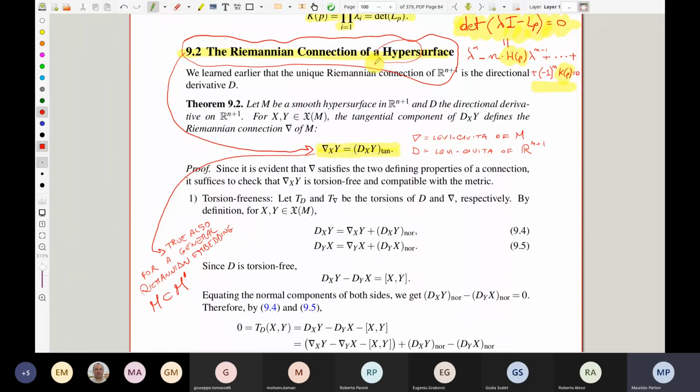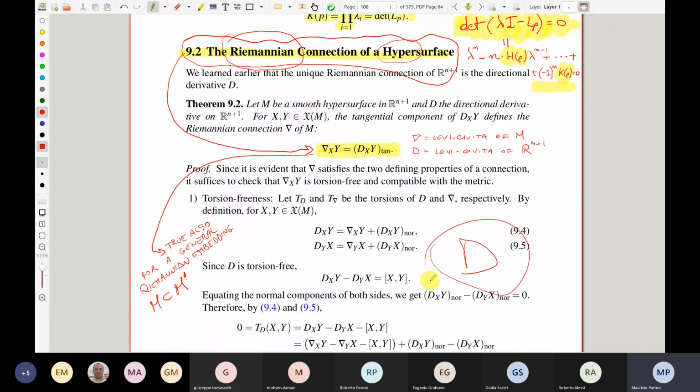You see how much I'm saying, and I'm not yet at the Riemannian part. Now, since I'm talking about Riemannian things, I am in the category of metric things. So in R^(n+1), I'm considering the standard metric and the standard connection, the directional derivatives denoted by D from before.